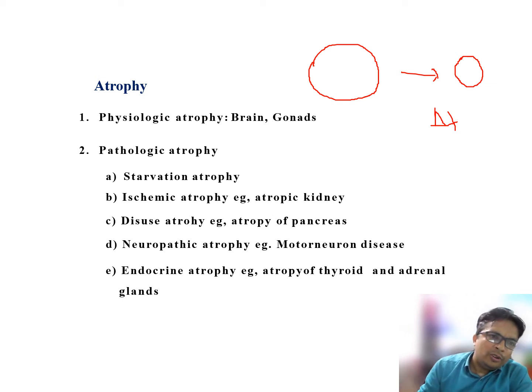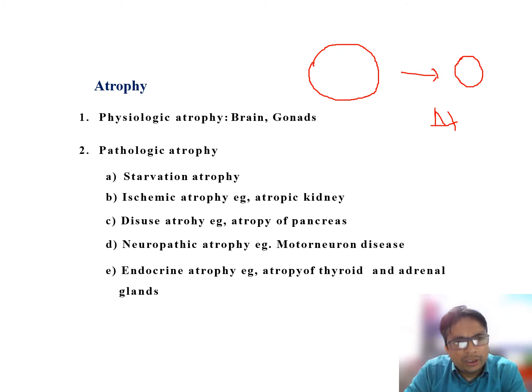Whereas these are pathophysiological examples of atrophy. Just consider starvation atrophy, where a person is not getting food. When we talk about a person, you can consider it for particular cells or organs of that person. If they are not getting sufficient nutrition, are these cells able to synthesize sufficient energy?